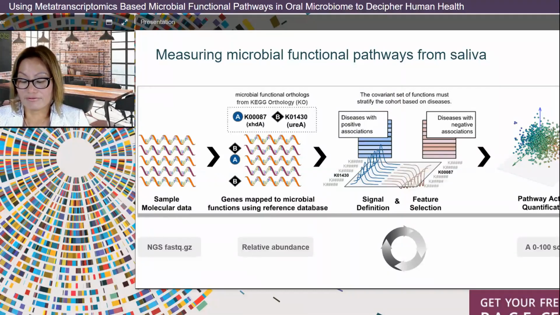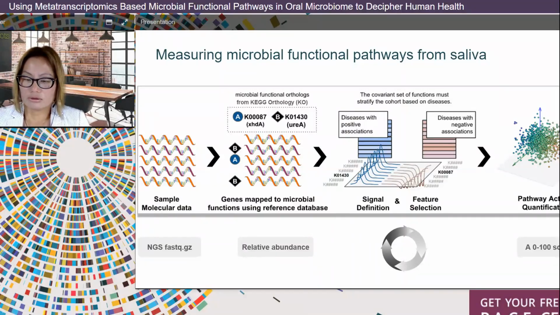And here is a graphic illustration of quantifying microbial functional pathways from the sequencing data. So from the left-hand side, we start from the FASTQ, the read files, the very standard output from a sequencing experiment. And then the bioinformatics pipeline would put the reads into different buckets and map to the genes, and annotate the microbial functions.